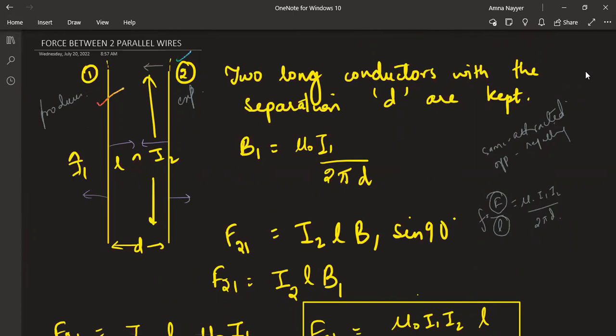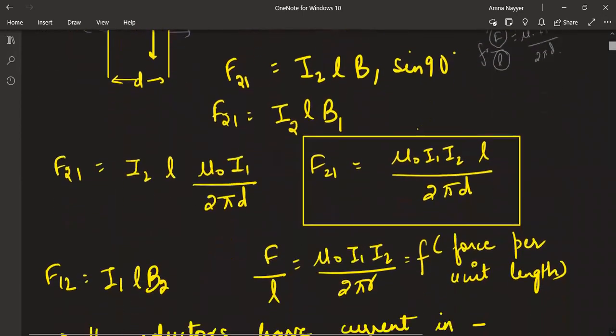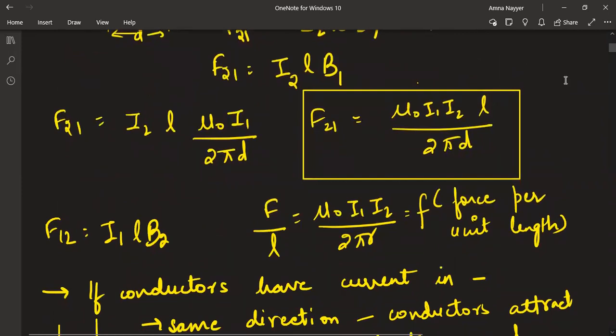But if two parallel wires are kept together, then the force is given by mu naught I1 I2 L by 2 pi d. Now when you shift this L to the left hand side, the force per unit length becomes mu naught I1 I2 divided by 2 pi r, right? So this is the formula.